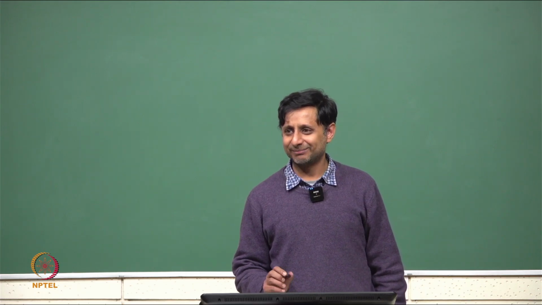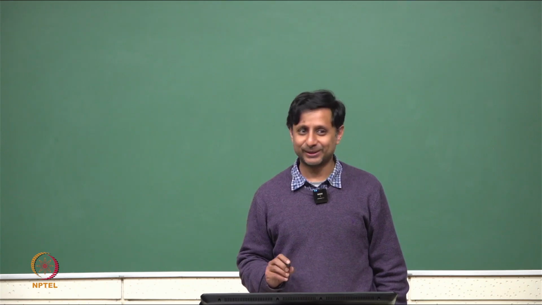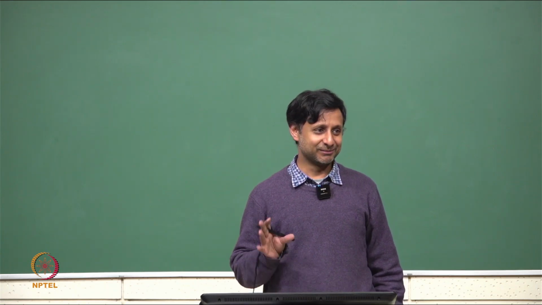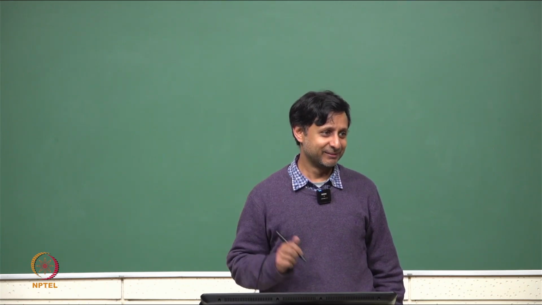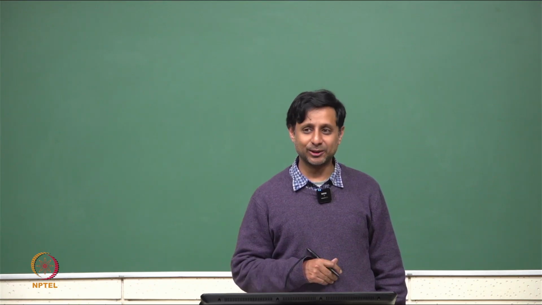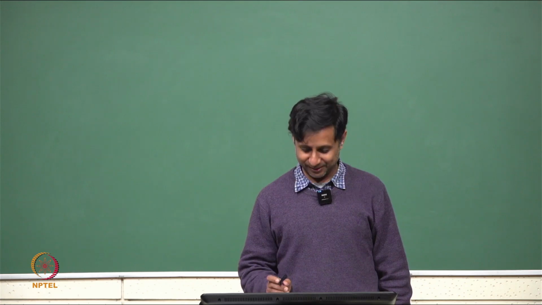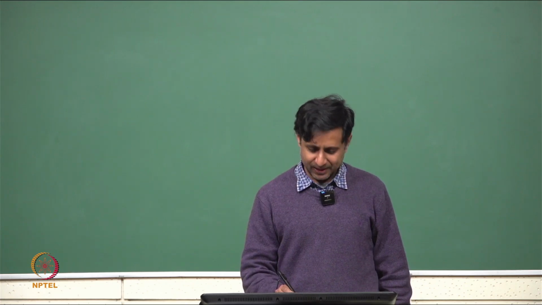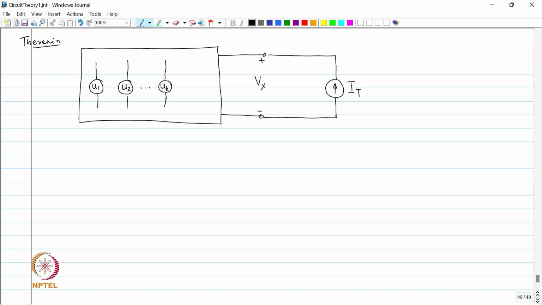Okay. Mesh method, there is a little trouble with current sources. You remember? Since I am planning to push a current I t, I am going to use the node method, not the mesh method. Okay. You could have used mesh method also, but I am going to use node method, because that is what I like.